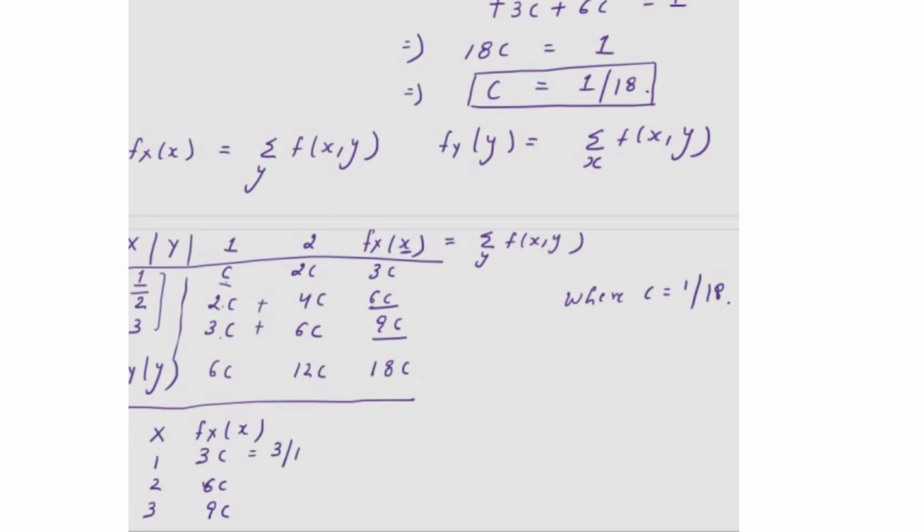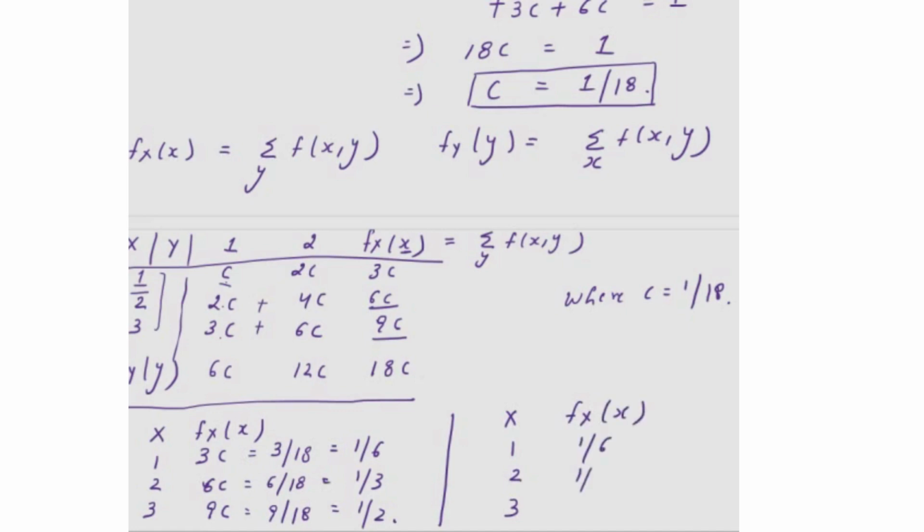So this becomes 3 by 18, 6 by 18, and 9 by 18, which equals 1 by 6, 1 by 3, and 1 by 2. So the marginal density of x for values 1, 2, 3 is 1 by 6, 1 by 3, and 1 by 2.